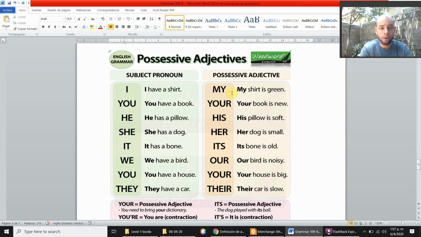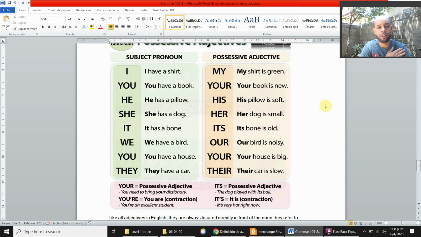And here we have the possessive adjectives representing the first person. I have a shirt. My shirt is green. The shirt is mine. The shirt belongs to me.